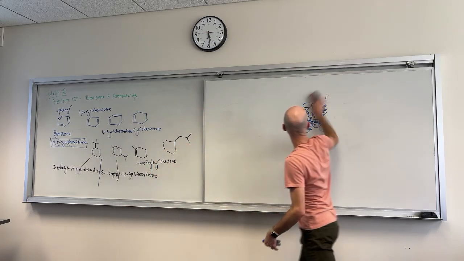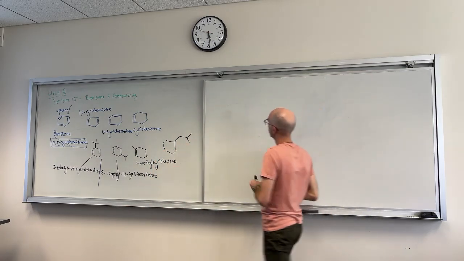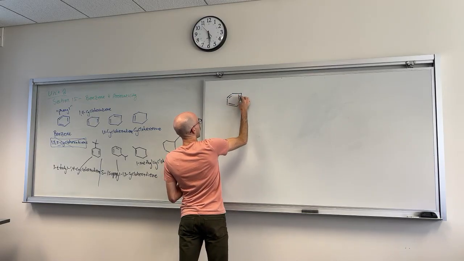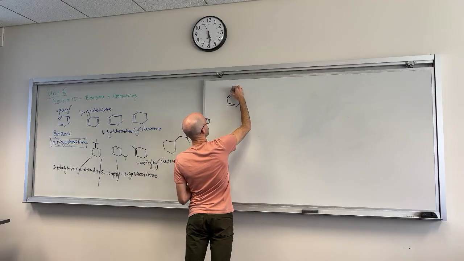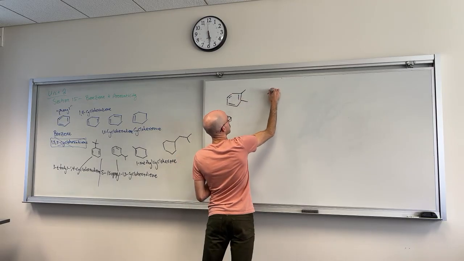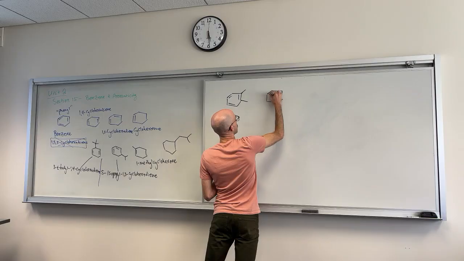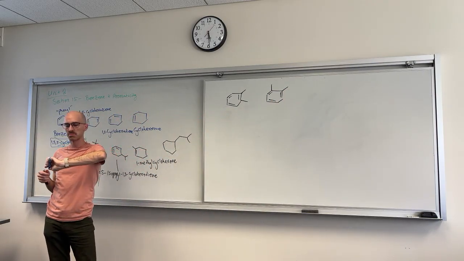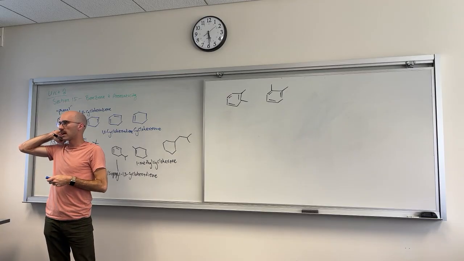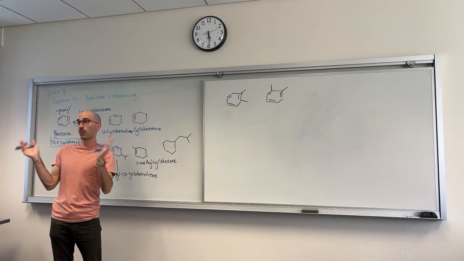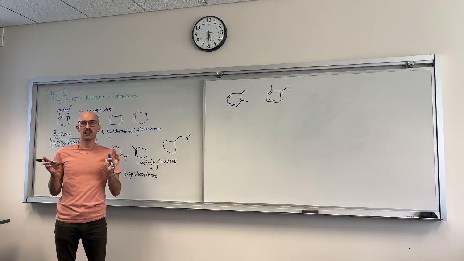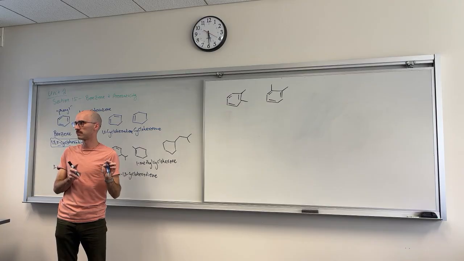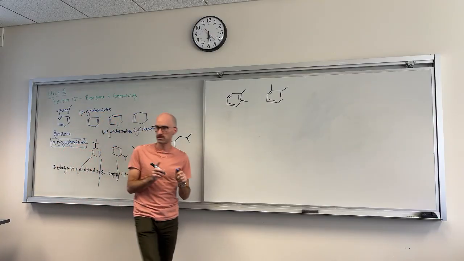All right, now, riddle me this. If benzene was a cyclohexene, I want you guys to take 2 minutes and write down the names of these, or really just the prefix, assuming that the suffix is cyclohexatriene.